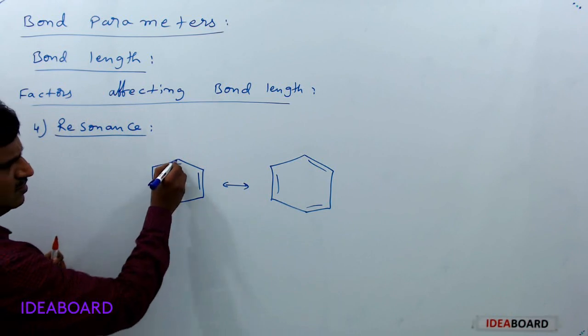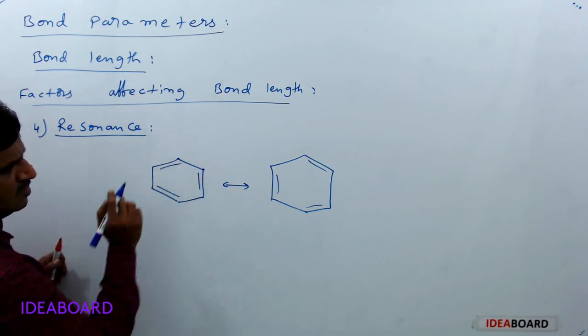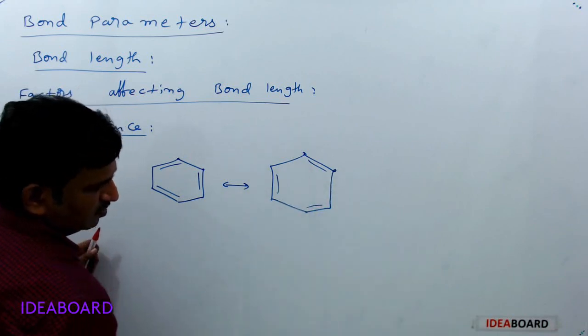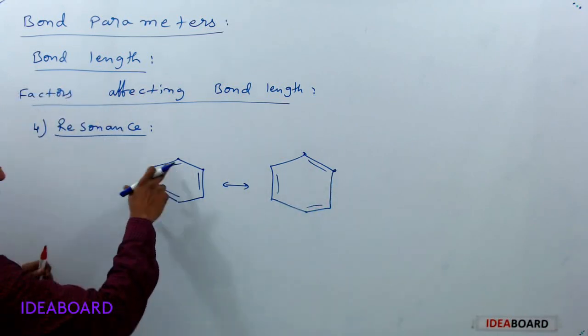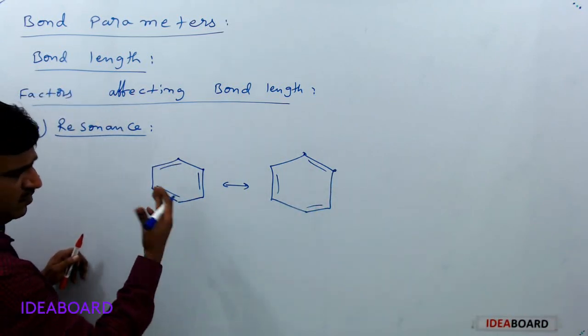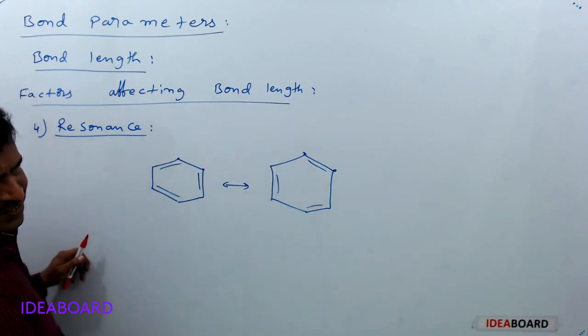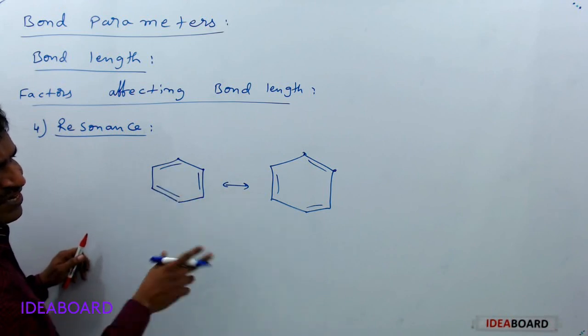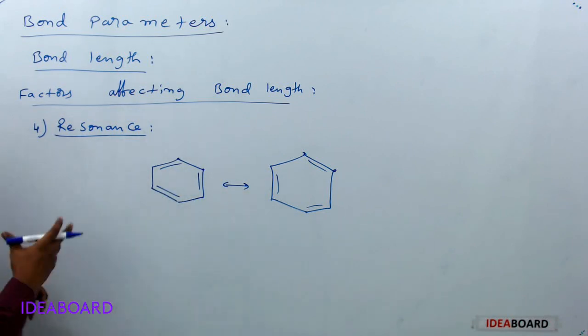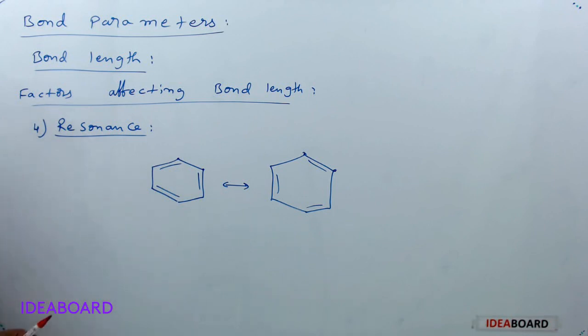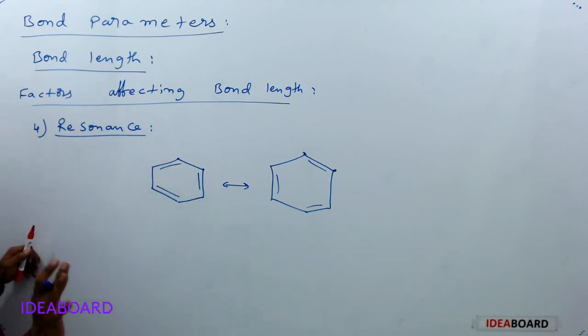Here this is considered a single bond and this a double bond. But a single bond is never permanently present, and a double bond is also not permanently present. They alternate. That type of pi bond shifting between carbon atoms is simply called resonance, and we will explain resonance later.